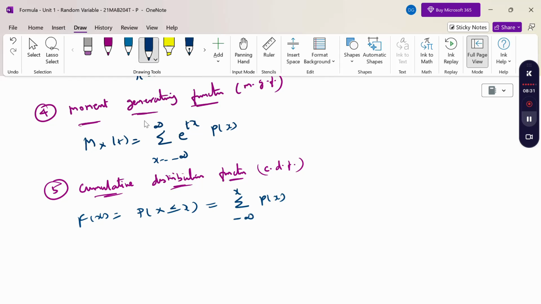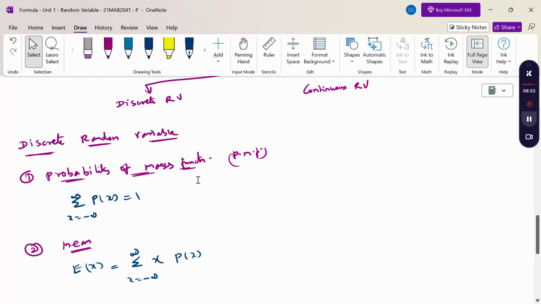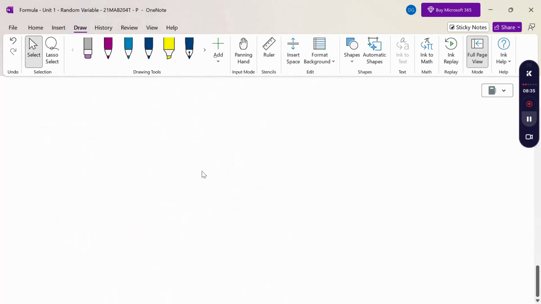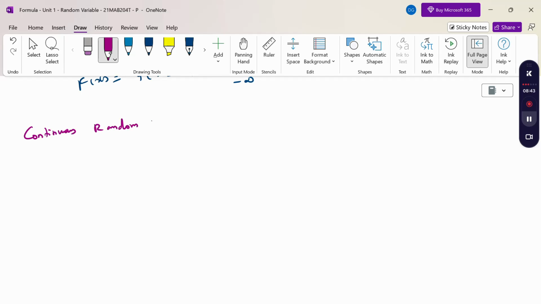So these are the formulas for a discrete random variable. And the continuous random variable is nothing but the probability density function, PDF.